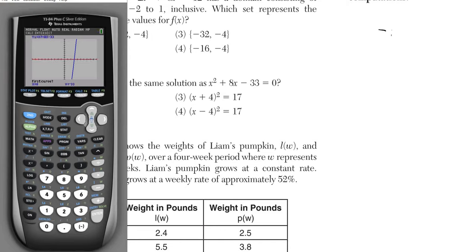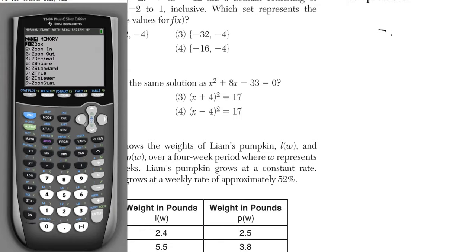Okay, so I see one point of intersection here. There's probably another one further down to the right. But this should be enough. I already did calc intersect, so I'm just going to enter, enter, enter. And I'm getting a solution of 3.